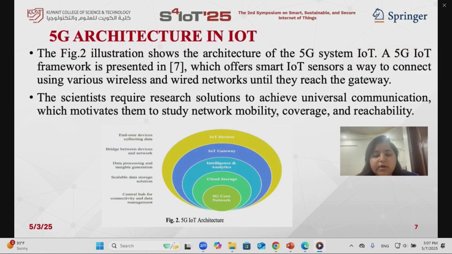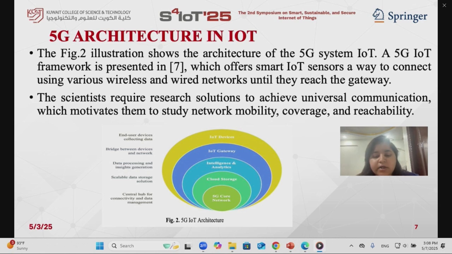Then the next one is the 5G architecture in IoT, as shown in Figure 2. This figure illustrates the architecture of a 5G system in IoT. A 5G IoT framework is presented which offers smart IoT sensors a way to connect using various wireless and wired networks until they reach the gateway.